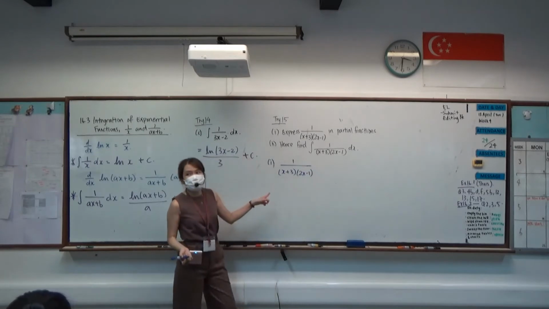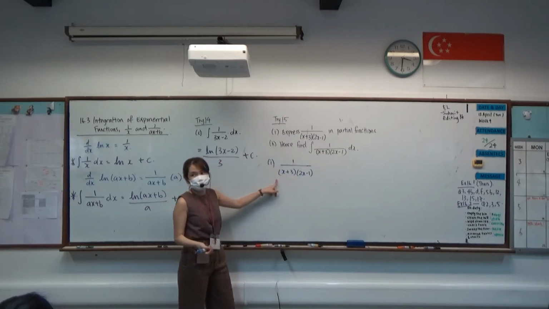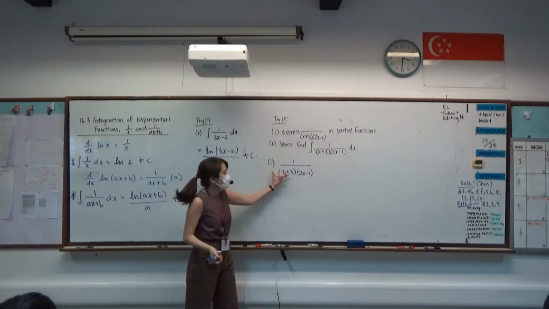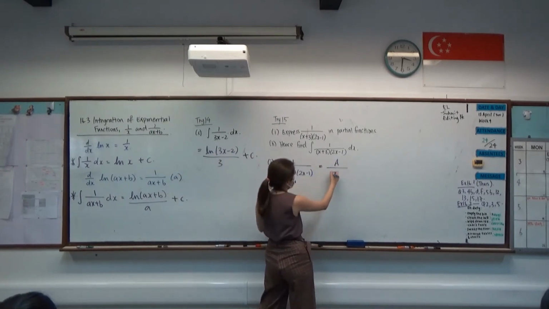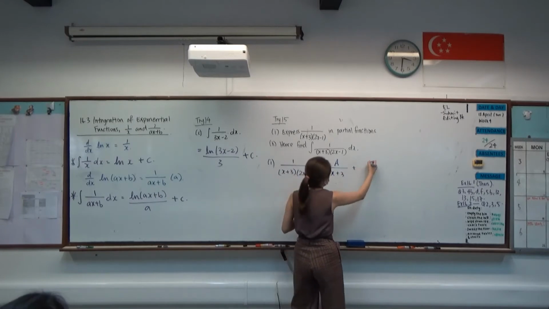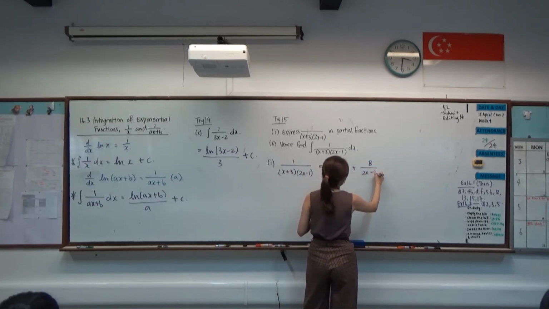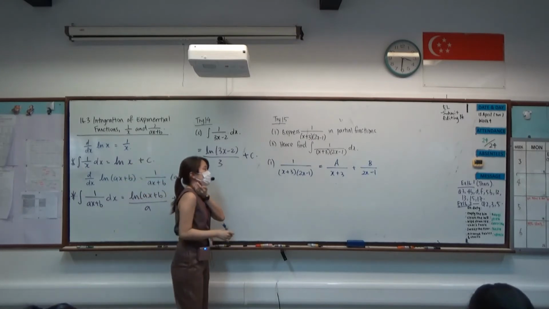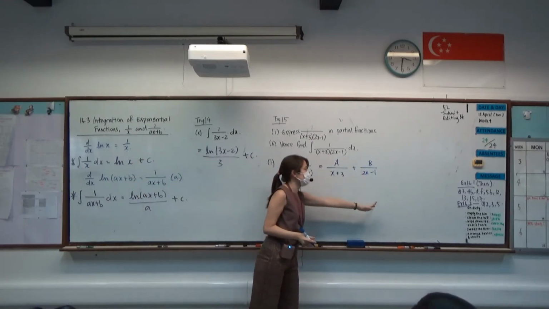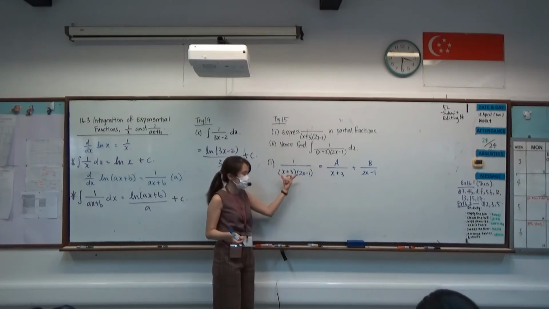Over here we are looking at distinct linear factors, linear meaning power of 1. So our fractions should be a over x plus 3 plus b over 2x minus 1, where we need to find out what a and b are. So multiply across the whole thing by this big denominator.